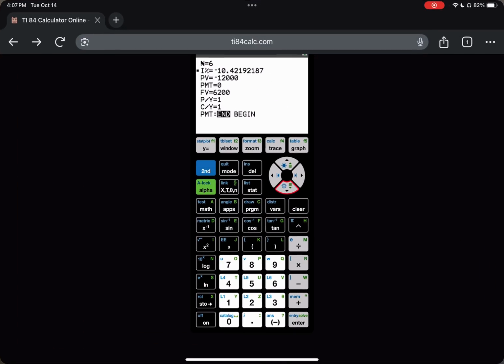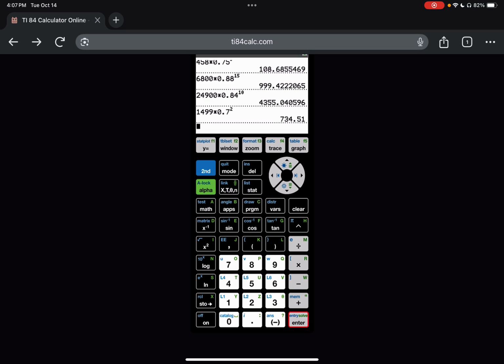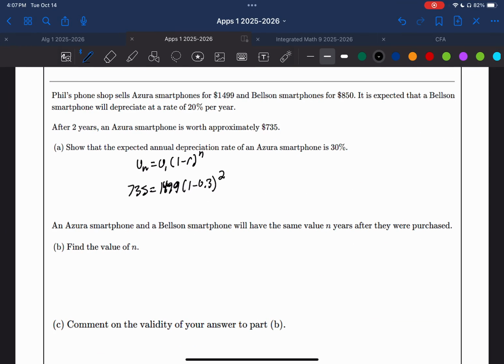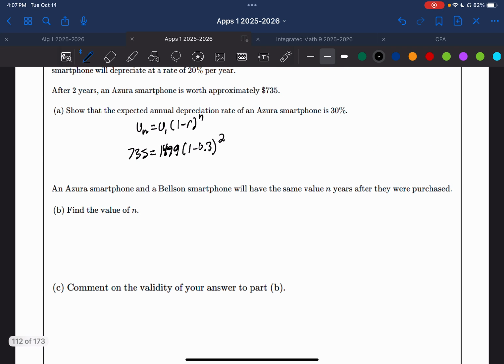And if we do 1499 times 0.7 squared, we do indeed get $735. So this is true.